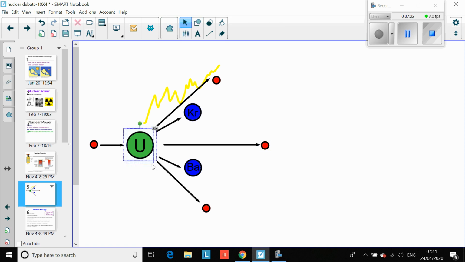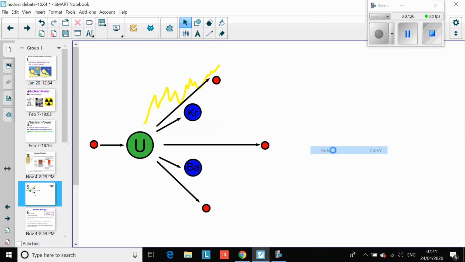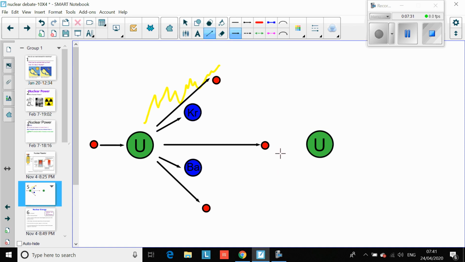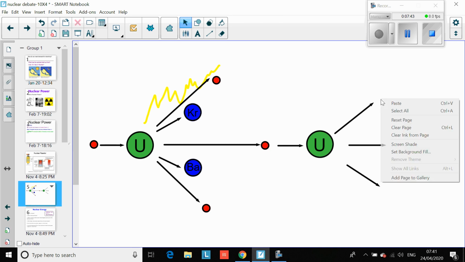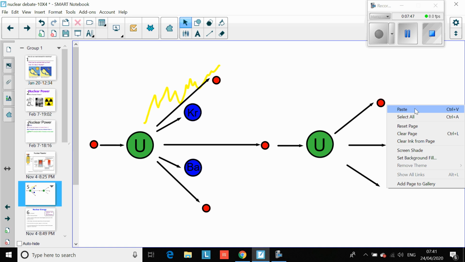Okay, what they will do is they will then go on and hit other uranium nuclei like this. And so what will happen is they will then split and give off more neutrons themselves. And so this whole process continues like that.